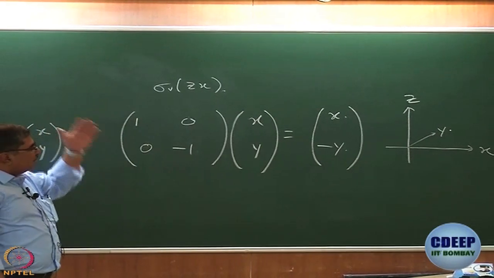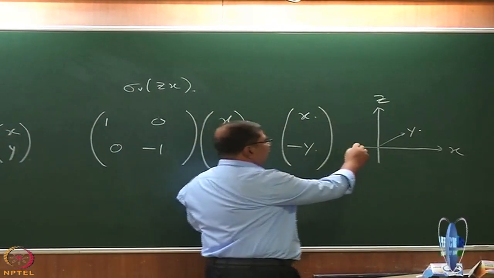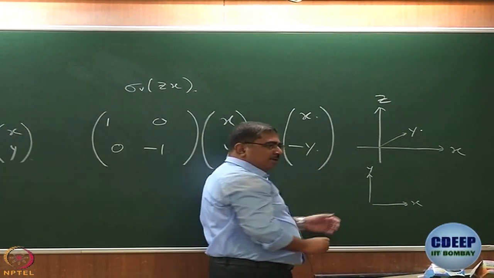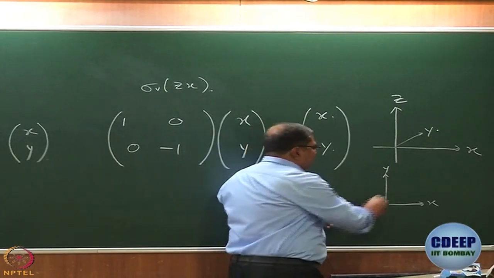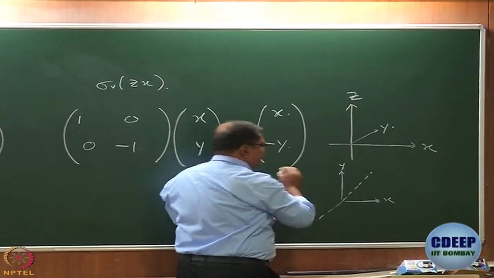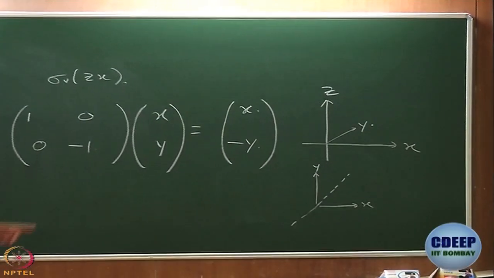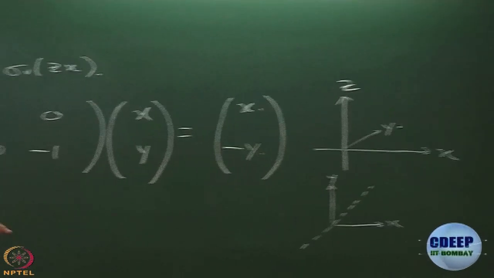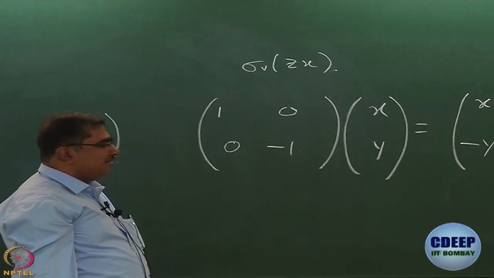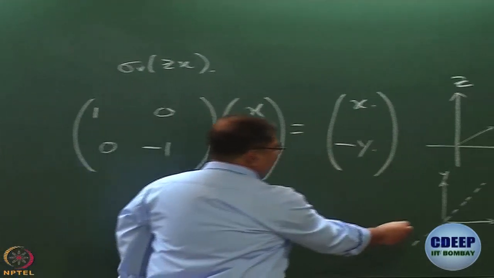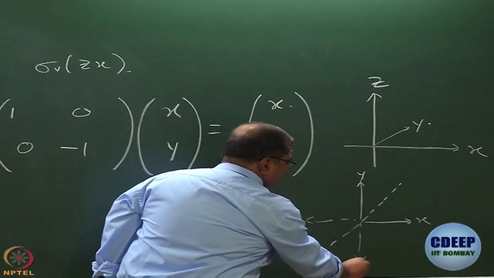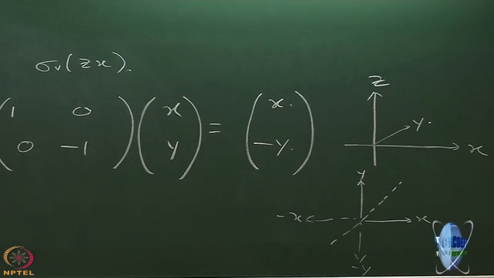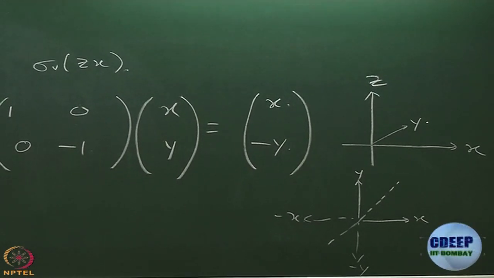Okay. Suppose I use something like this. Now I will take a different perspective. This is x, this is y, of course z is pointing towards you, right. What happens if I take this plane? Right. So, what will x be? X will become y, right?